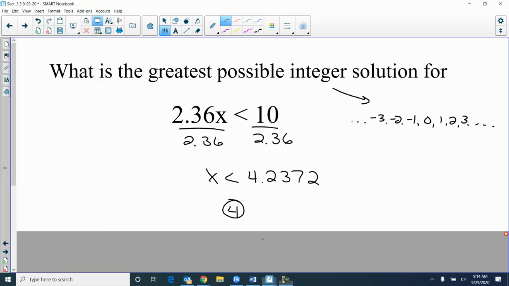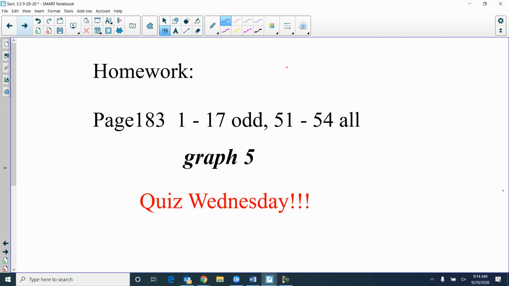So 4 is the biggest integer, because that's the way it's worded. When I have that decimal, the only two numbers I can even consider are 4 and 5. And then you gotta figure it out from there. But we want it to be smaller than that, so it's got to be 4. So you got to watch how that's worded. Those last two questions are not overly difficult, but you got to watch how they're worded.